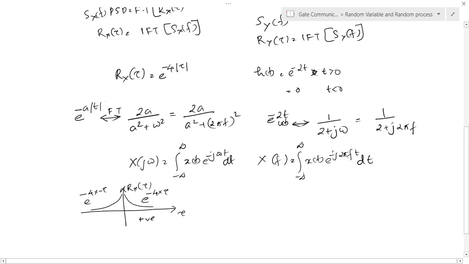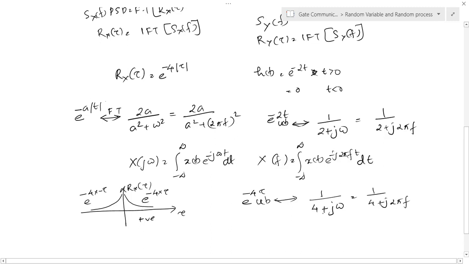If you find the Fourier transform of this signal, for the positive side you have e raised to minus 4 tau, and its Fourier transform is 1 by 4 plus j omega, or 1 by 4 plus j 2 pi f.